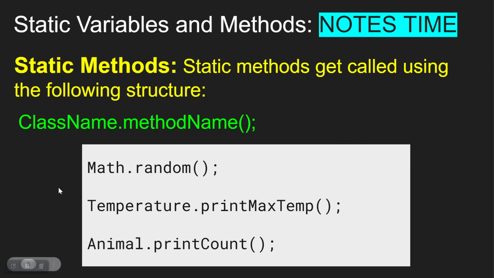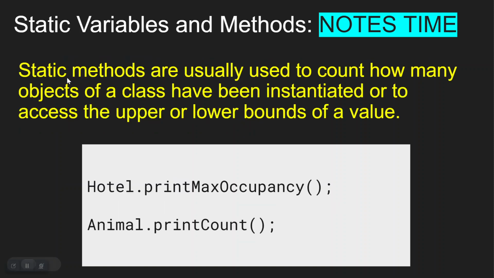Now, static methods are usually used to count how many objects of a class have been instantiated, or to access the upper or lower bounds of a value. So for instance, a static method Hotel.printMaxOccupancy. Max occupancy would be a static variable for a hotel.